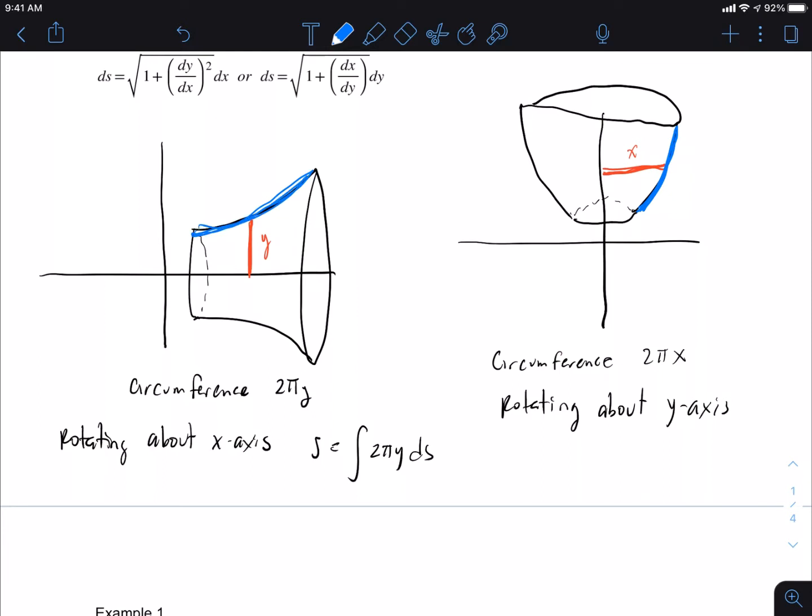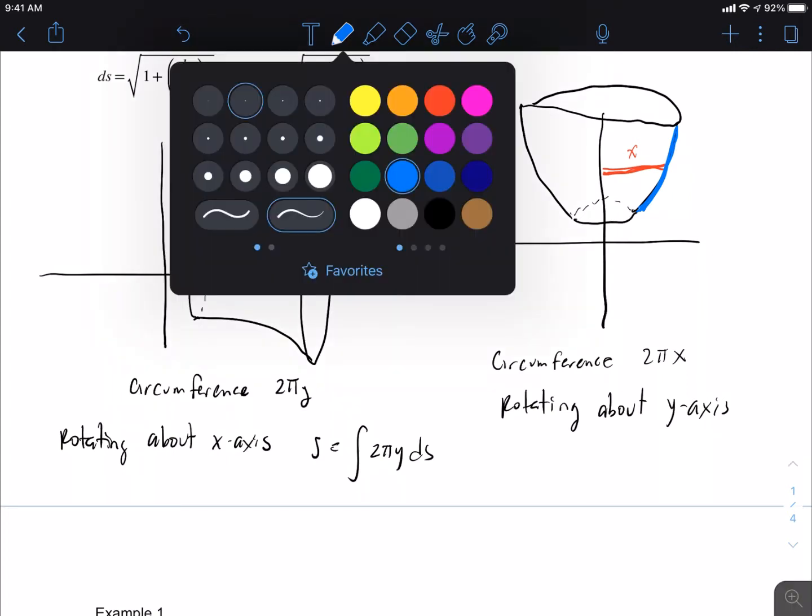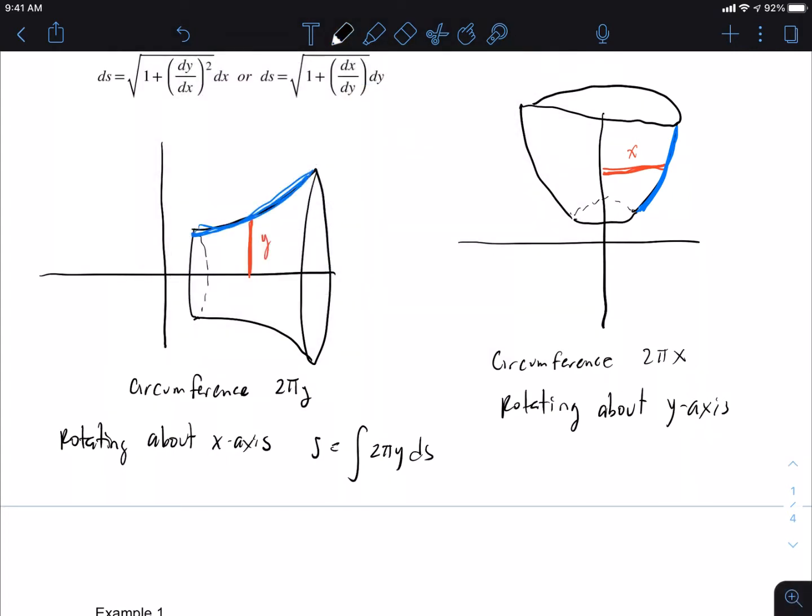So does that make sense about the rotation then? Yes. Okay, and then I'm going to get S is equal to the integral of 2 pi x ds. So it's imperative when we do these problems that we're able to see and make our graphs so we know which way to do our slice.